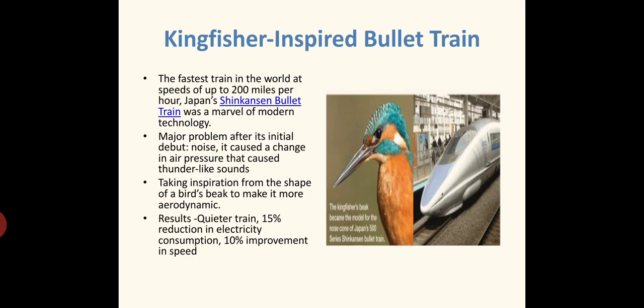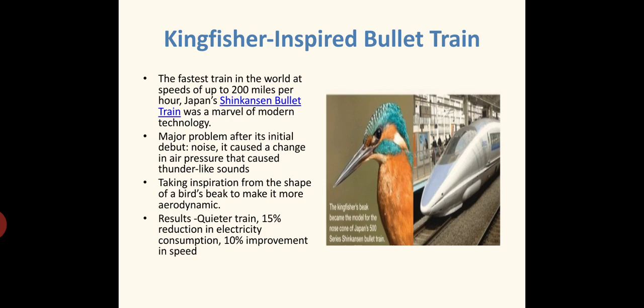The front of the train is designed in a shape like the nose of the kingfisher bird, so that the air friction is maximally eliminated and the pressure difference won't be there in the air. The final result is that noise is eliminated. So this design is actually inspired by nature, the shape of the kingfisher bird's head.